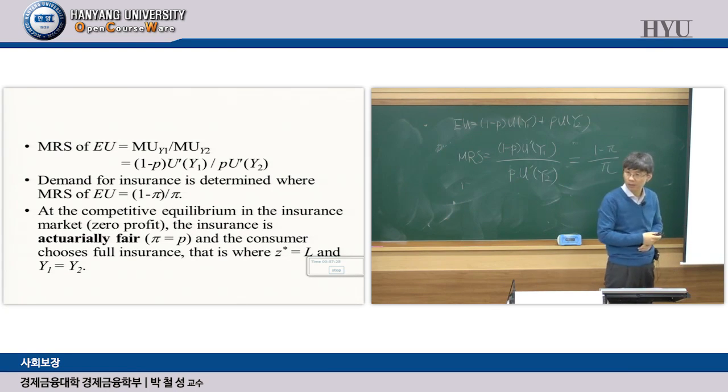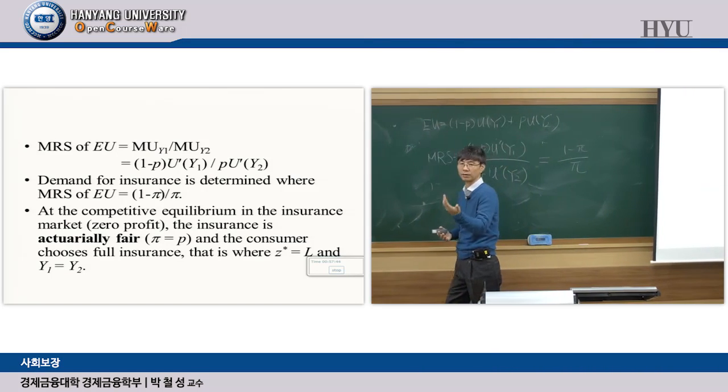Which means pi should be equal to p. So the insurance premium should be equal to the probability of accident, because the expected profit is (pi minus p) times g, right?